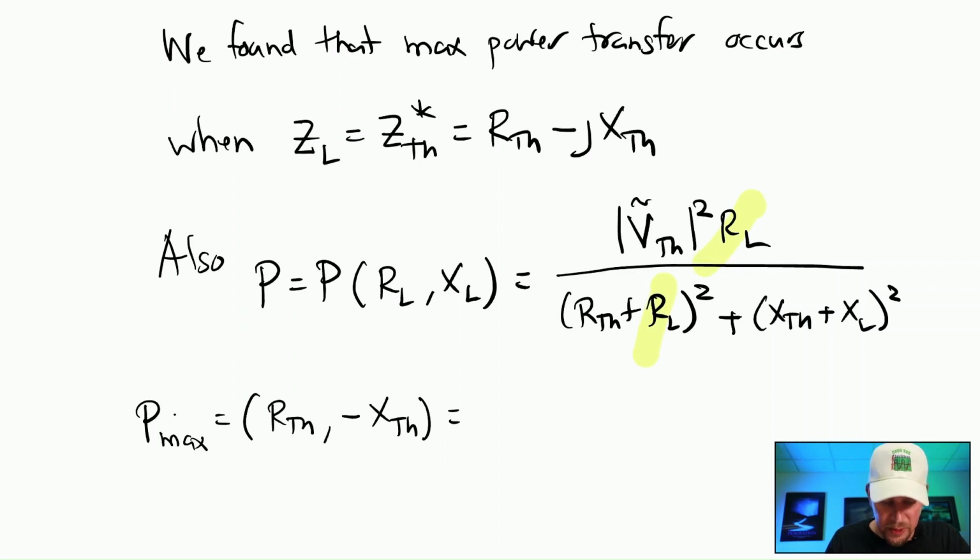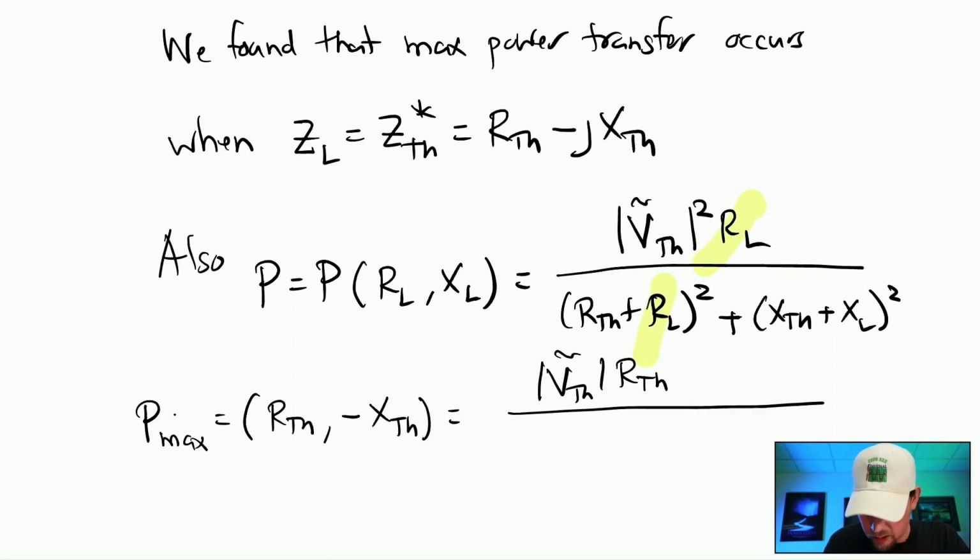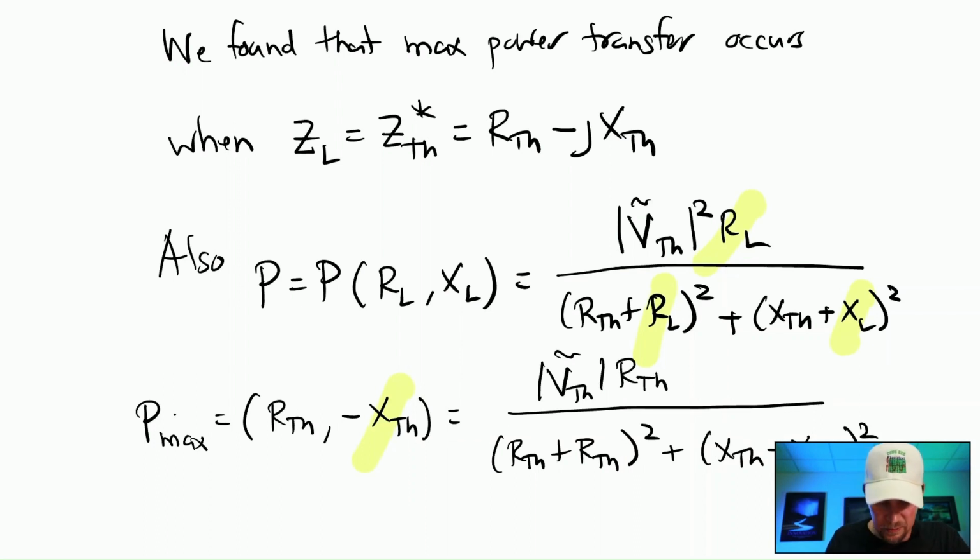So I'm actually going to replace those two with the Thevenin resistance. So here, in the denominator, I have Thevenin resistance plus now Thevenin resistance, quantity squared. And then the load reactance gets replaced with minus the Thevenin reactance. So here we have plus X Thevenin minus X Thevenin, quantity squared.